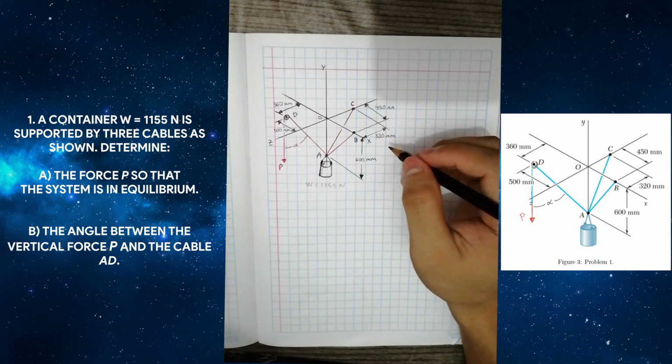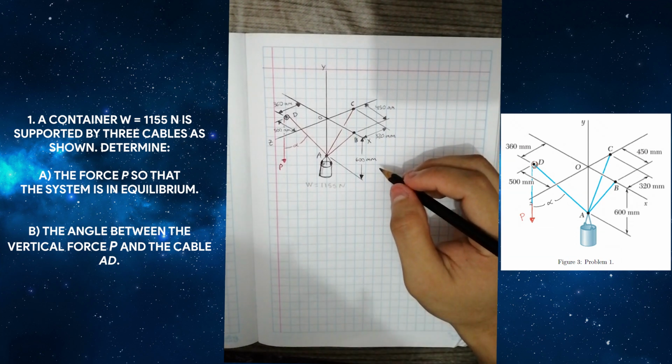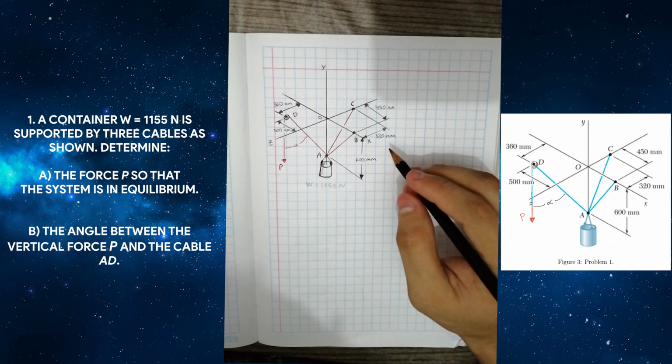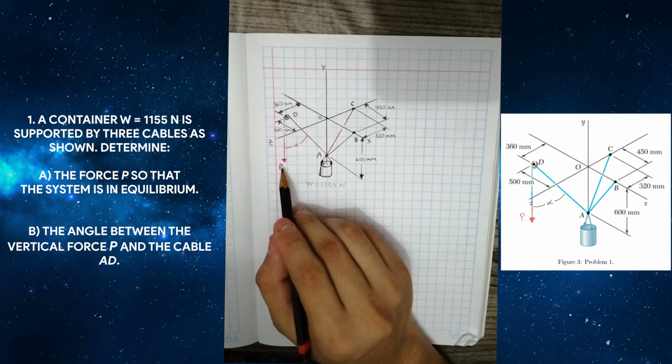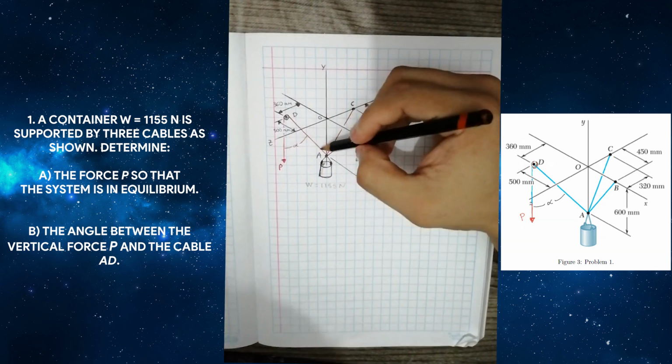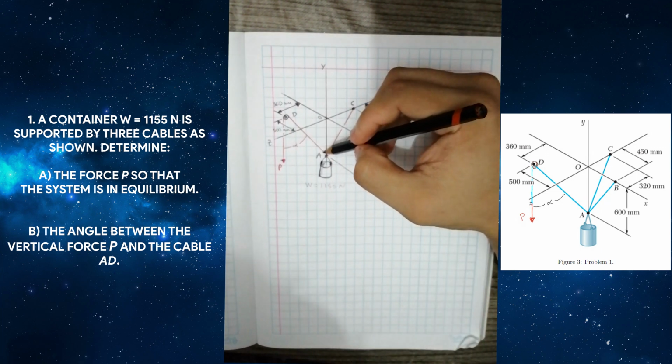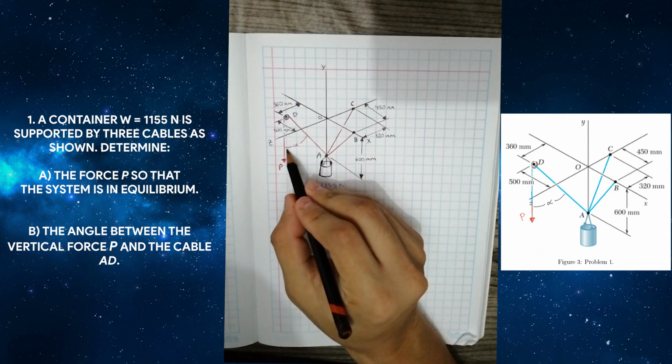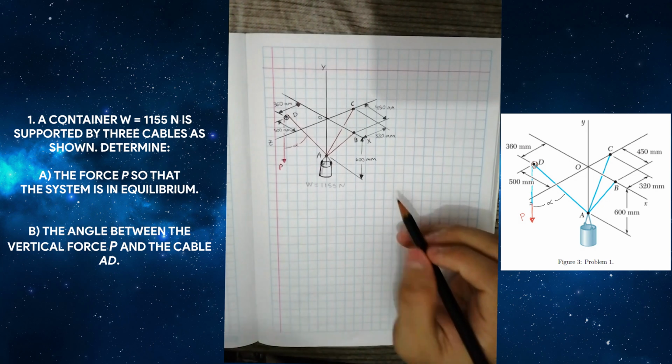And we are asked to find the magnitude of the vector P and the angle between the vector P and the force AD. This is the angle alpha.